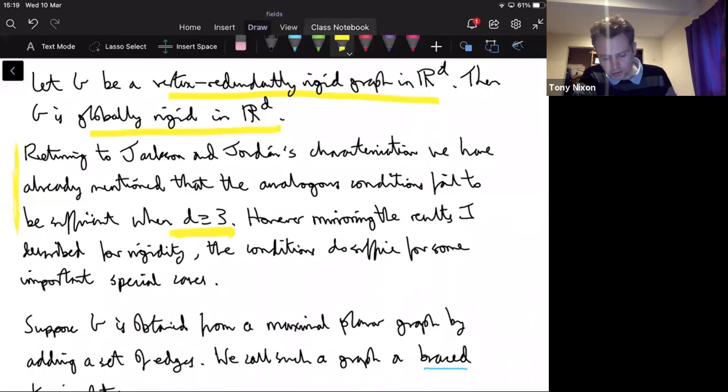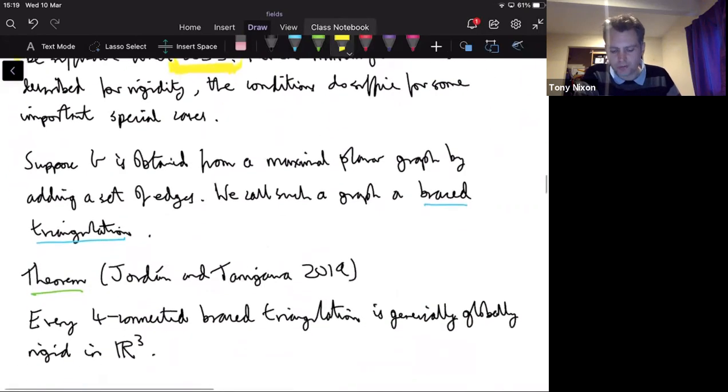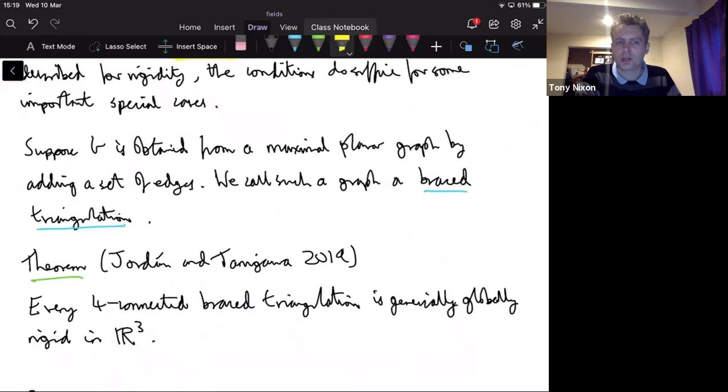And I mentioned a couple of references for higher dimensional families of examples where those Hendrickson conditions fail to be sufficient. But there are some special cases. So I thought, like we did for rigidity in 3 dimensions, I would just point out at least one special case where we understand global rigidity. The special case is triangulations of the sphere, or maximal planar graphs. At least this is the one I'm going to flag up today.